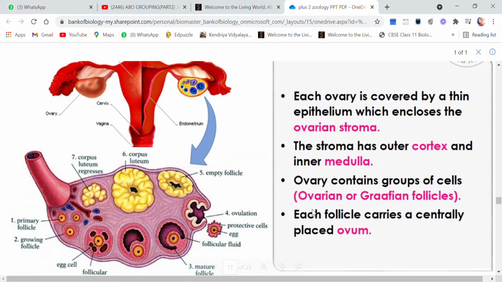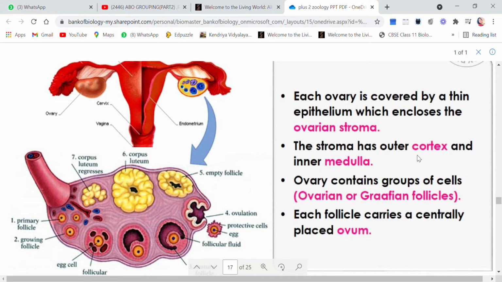Now, each ovary is covered by a thin epithelium which encloses the ovarian stroma. So the ovary is covered all over by epithelium, and inside the epithelium is present the stroma.